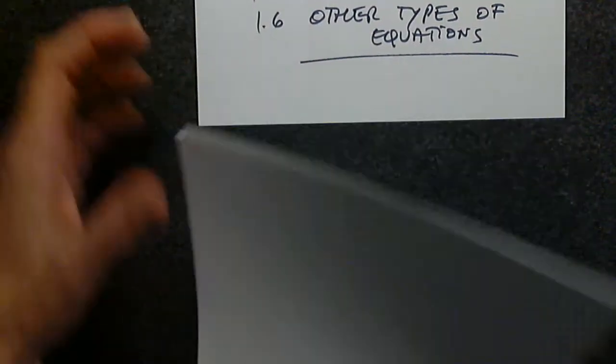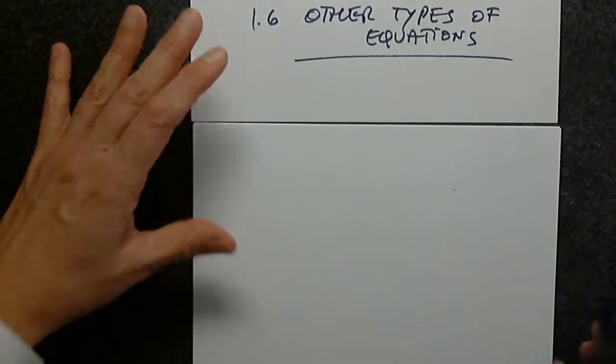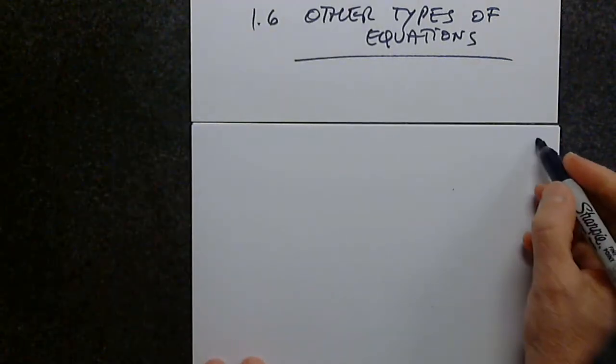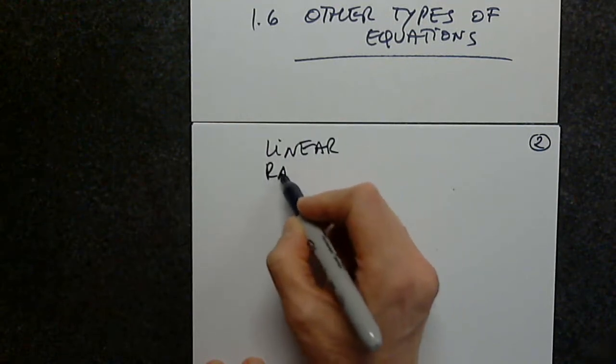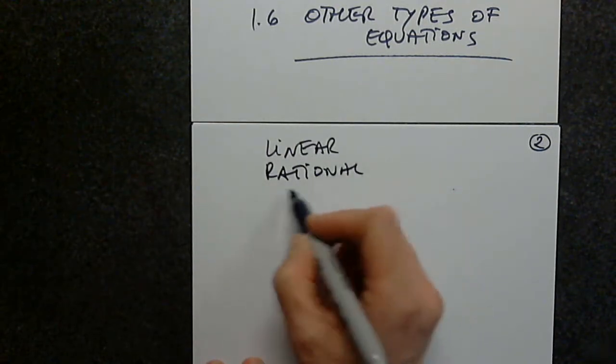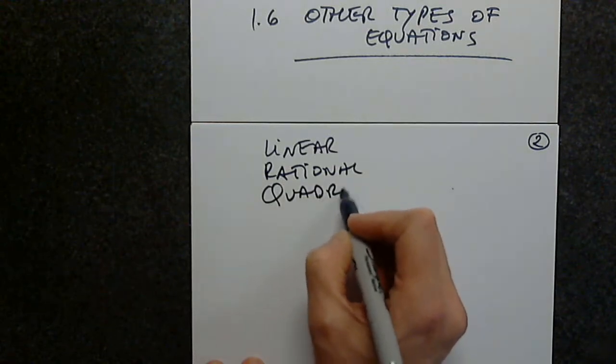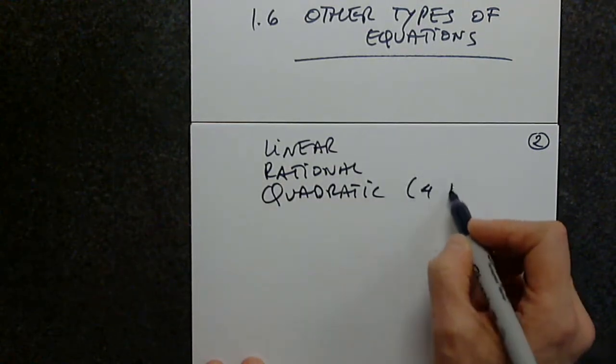Okay. How many types of equations do we know so far? 3. Very good. We know linear, we know rational, and we know quadratic, even with 4 methods.